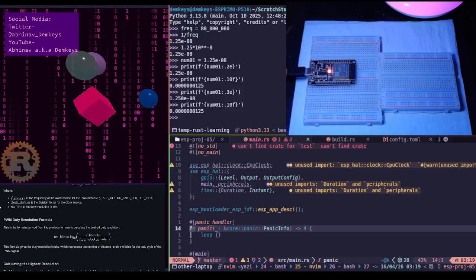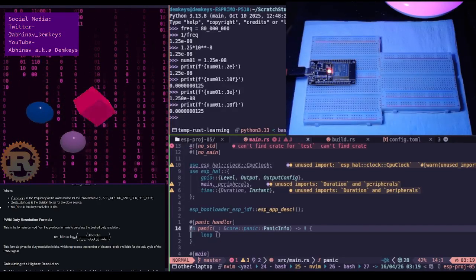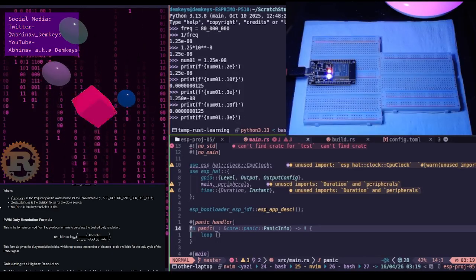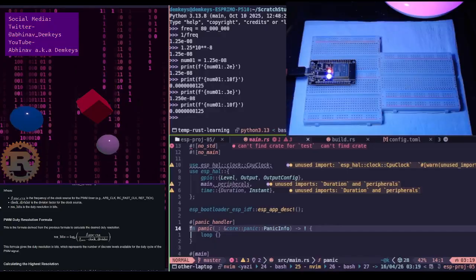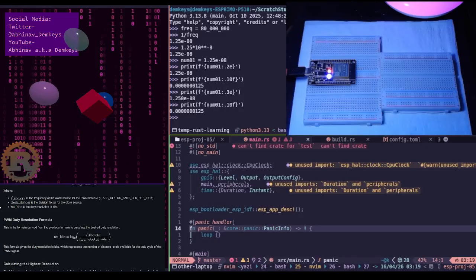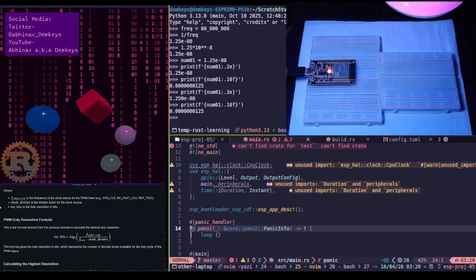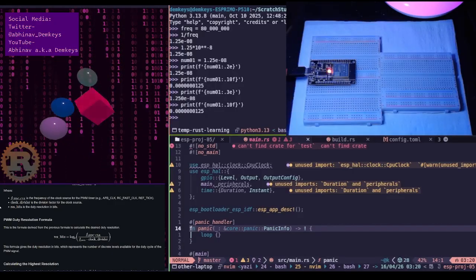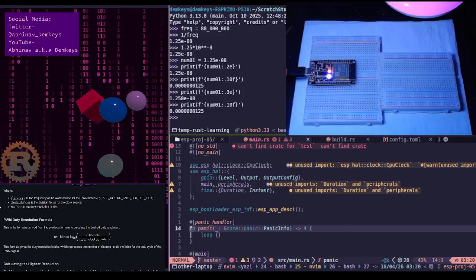Okay, well, it's 10 to the power negative 9 seconds, which is kind of interesting because the scientific notation that's given here is 10 to the power negative 8, not negative 9.